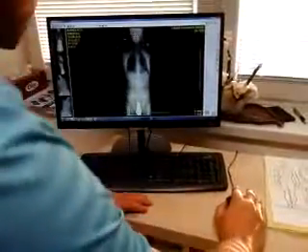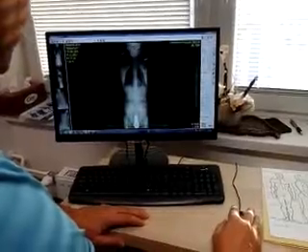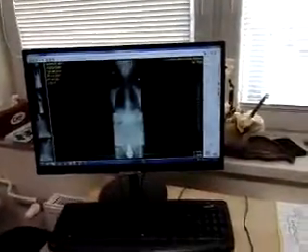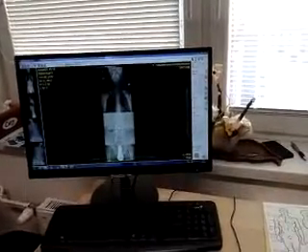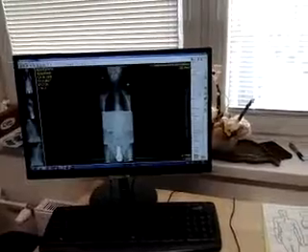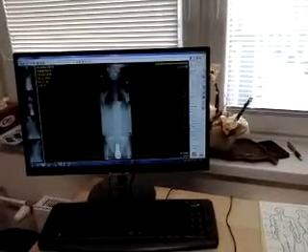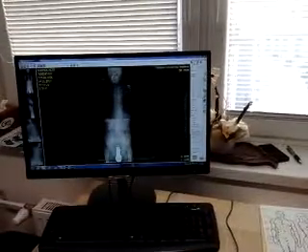Okay, so this is a patient that, if we're looking at the anterior x-ray, we're looking at a compressed disc at the L5. He has slight deviation to the left on the lumbar, and then a deviation to the right in the thoracic.